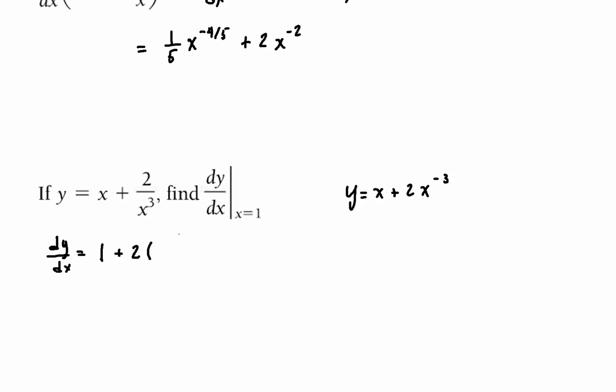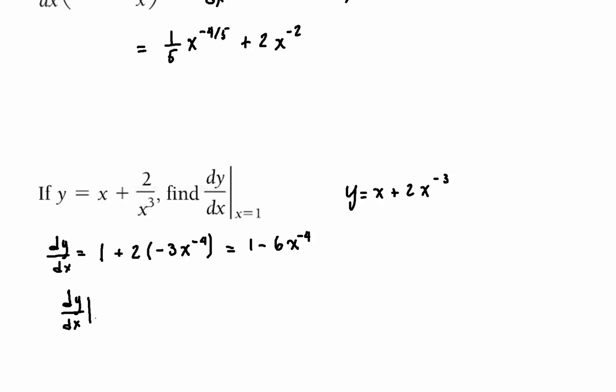So here now, 2 times the derivative of x to the -3, so it's just going to be lower the -3. x to the -3 minus 1 is -4. So then your derivative is 1 minus 6, I'm just multiplying 2 times 3, x to the -4, and I'm going to evaluate it at x equals 1.